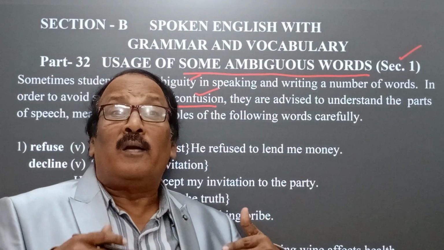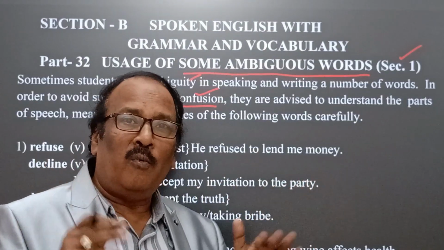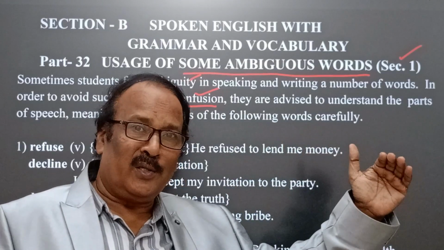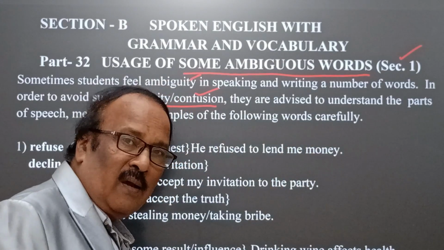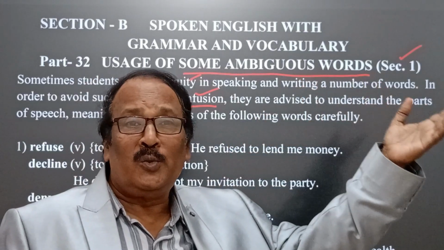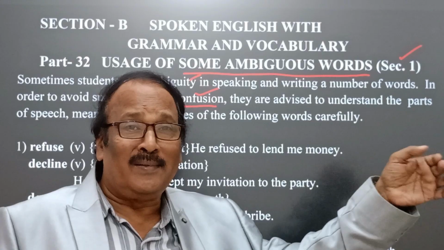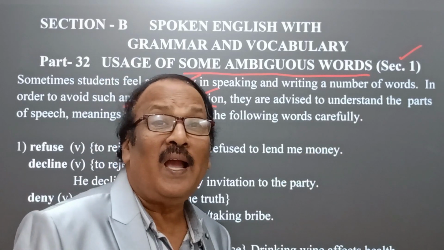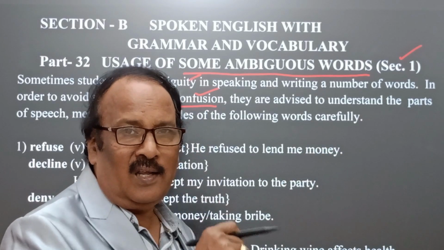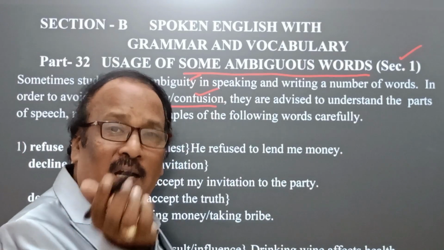If we try to know the meaning of words and their applications through different examples, then it will be suitable for the students to express themselves confidently at the time of speaking and writing. Okay, then how? Let's see.